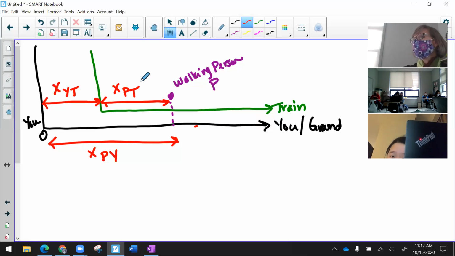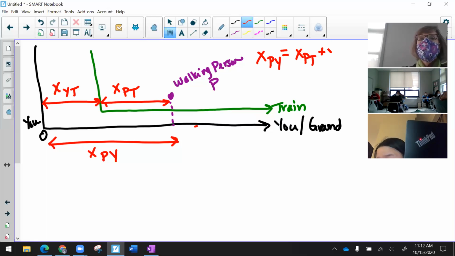So based on our extensive knowledge of vectors and geometry and life, we can say that the position of the person with respect to you is equal to the position of the person with respect to the train plus the position of you with respect to the train.